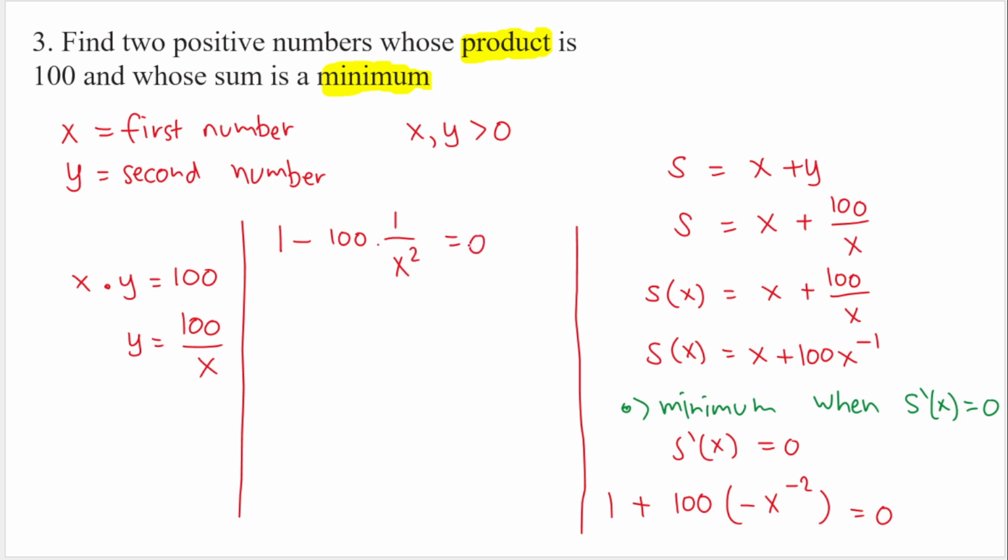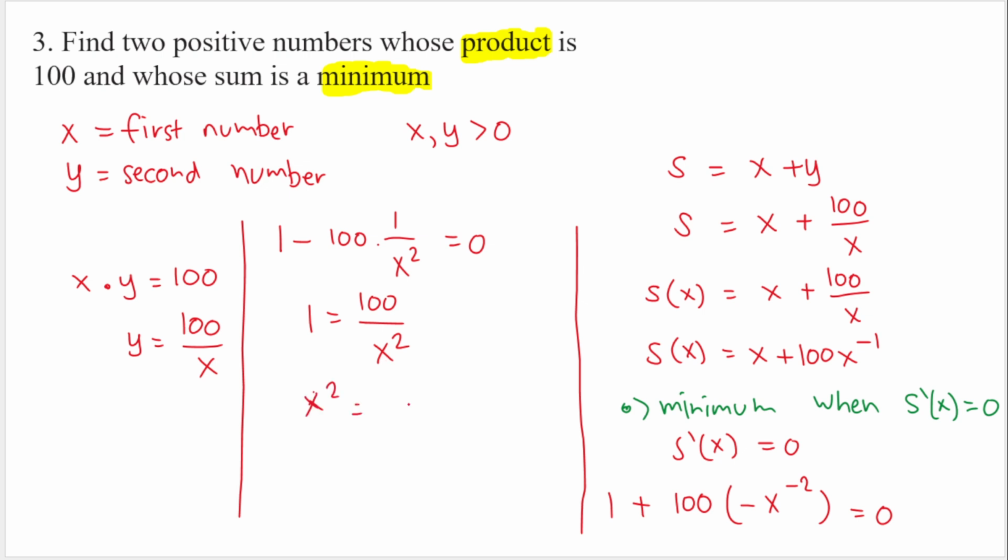Okay. And now what can we do? So we can move this to the right hand side. So 1 is equal to 100 divided by x squared. Remember that x is a positive number, so we can multiply both sides by x squared. So we will have x squared on the left hand side, and on the right hand side we'll have 100 divided by 1.